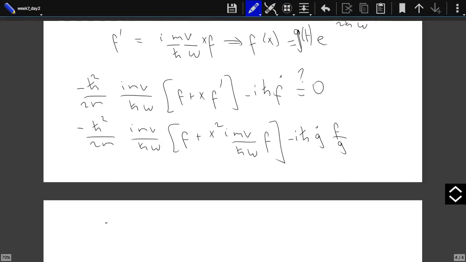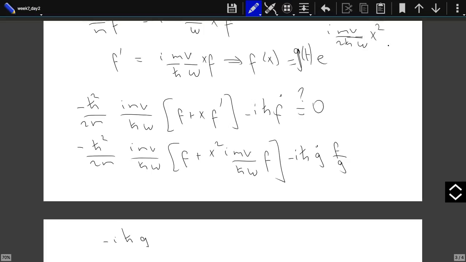Minus i h bar g times, well, the derivative of this thing depends on time through omega. So that derivative with respect to omega would give me i mv divided by 2 h bar omega squared x squared times minus v. Well, let me not write this one times f.